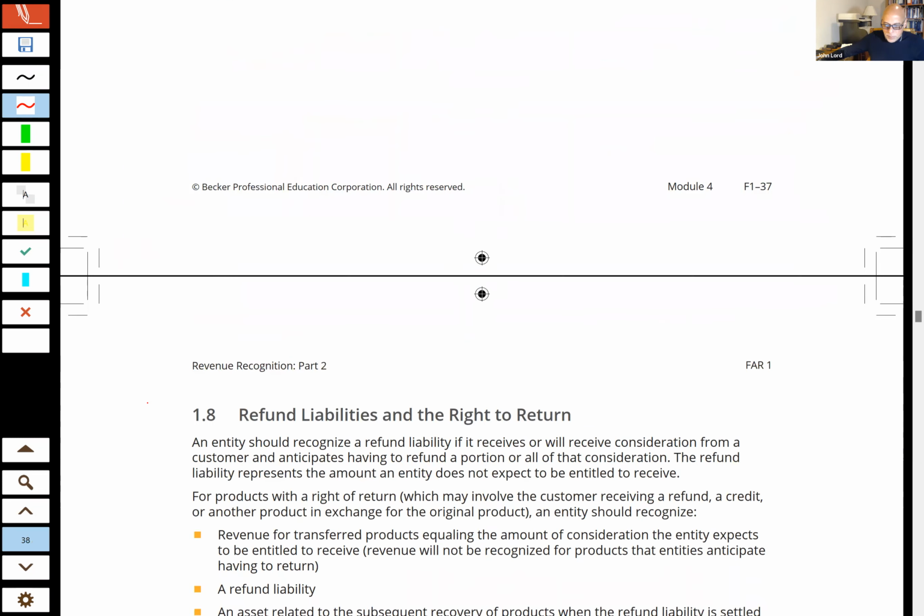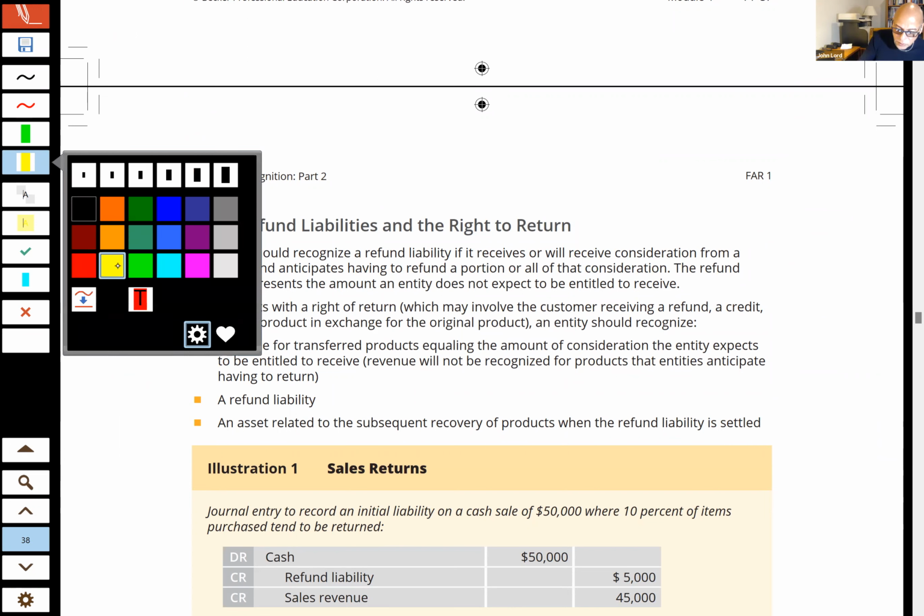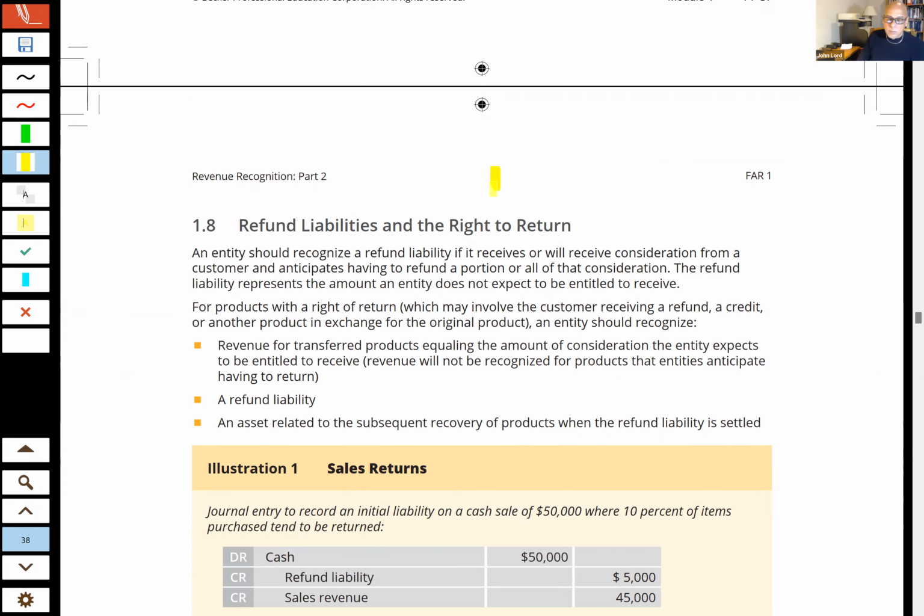Now you come over to refund liabilities and right of return. And remember, we said that in some instances, the repurchase agreement could be considered a right of return. This is how we would account for those, and then even if it's not a repurchase, how you account for your estimate of returns. So an entity should recognize a refund liability if it receives or will receive consideration from a customer and anticipates having to refund a portion or all of the consideration.